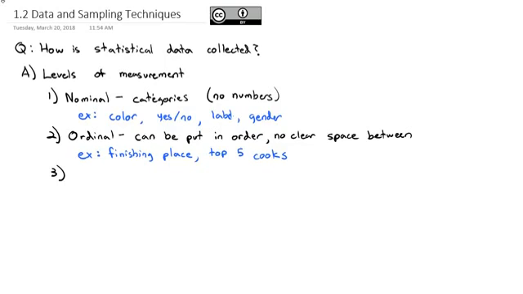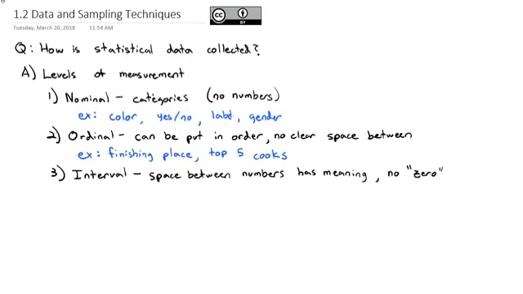Now, when we do clearly define the space between values, we have what we call interval data. Interval data has a space between the numbers with meaning. The space has meaning. However, there still is no 0 point.